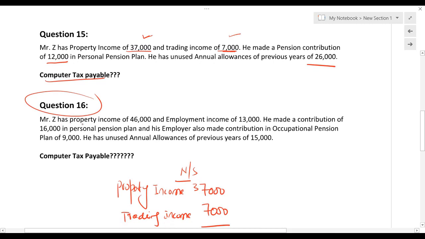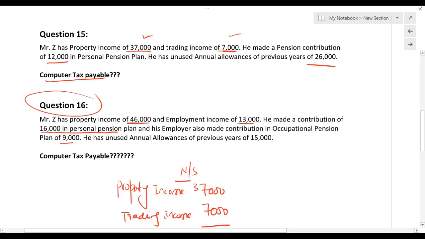Mr. Z has property income 46,000. Employment income 13,000. He made a contribution of 16,000 in personal pension plan. Again, nothing is mentioned, so it is net. We have to gross it up by multiplying by 100 divided by 80. And his employer also contributed 9,000 in occupational pension plan.